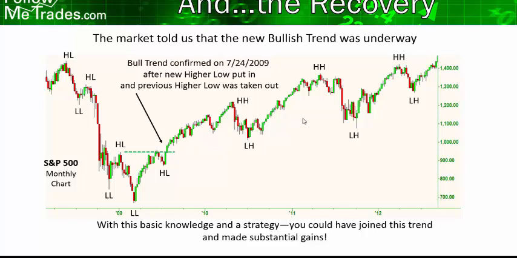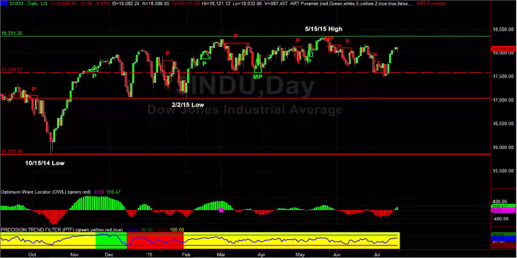And this is the trend we're in now. It started back on July 24th, 2009, and it's gone up like 277%. So these price patterns that I'm covering on the charts, they matter. They absolutely tell a story of what's going on in the market. So let's take a look and zoom in on the current price pattern.